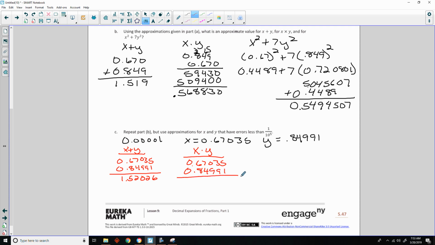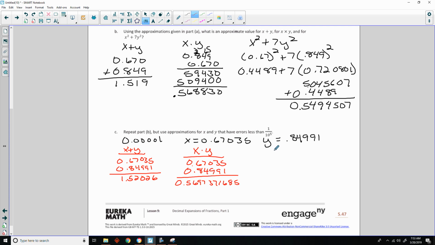Okay, I'm going to calculate this off to the side, and I'll just save time. This is going to equal 0.569737 1685.